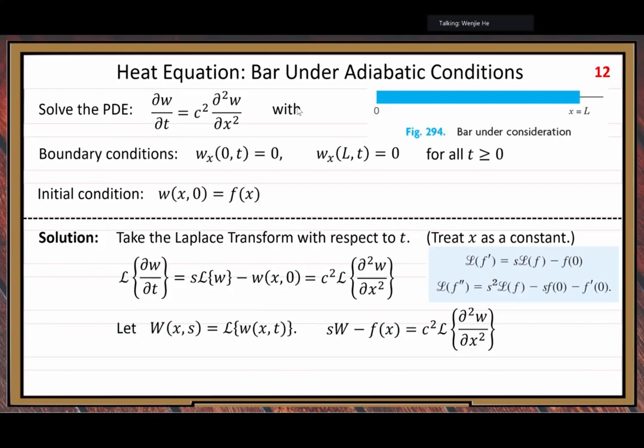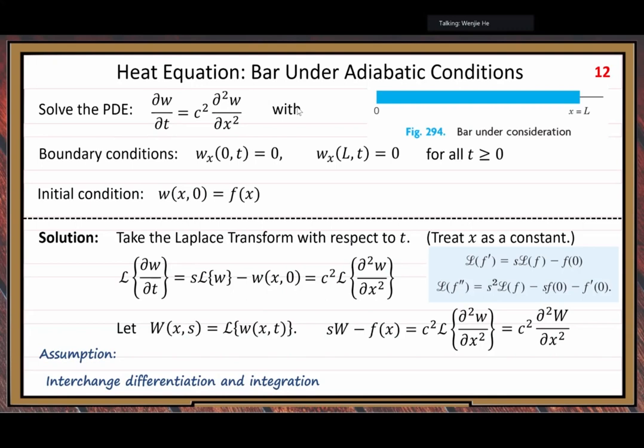Then for this part, after we interchange integration with differentiation, the Laplace transform gets inside the second partial derivative. So capital W.